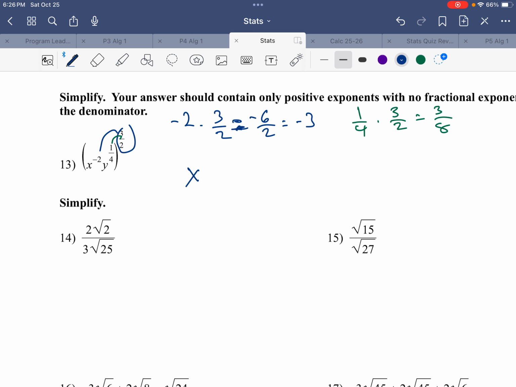Here, this is x to the -3 times y to the 3/8. If I have a negative exponent, I need to rewrite this with the x cubed in the denominator. This stays y to the 3/8 divided by x cubed.